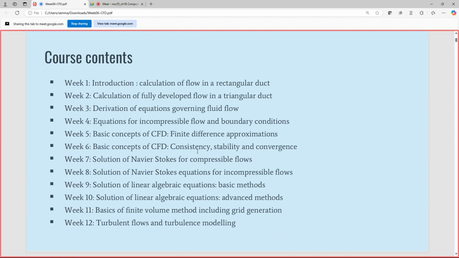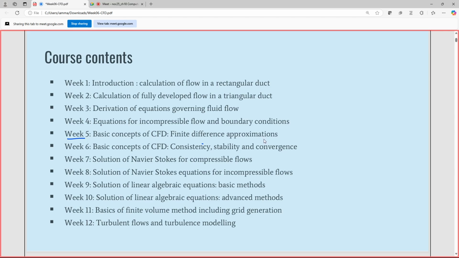Last week, in the week 5 lectures, we saw how these finite difference approximations are applied to differential equations.